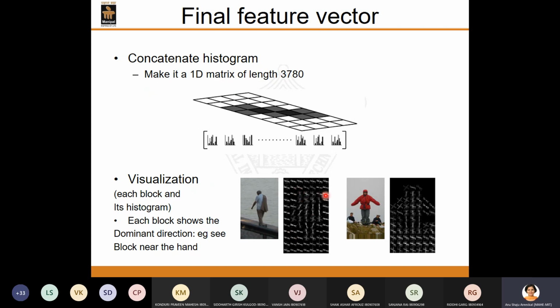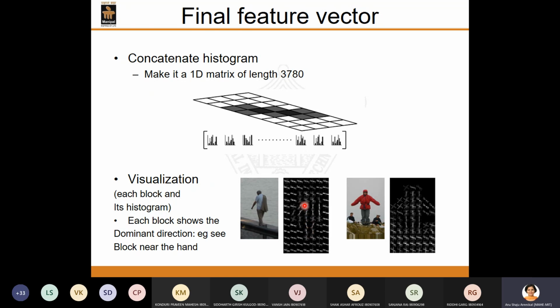If I calculate the HOG, you can easily identify that in these background regions where there is uniform intensity variation, the orientations present would also be somewhat uniform, right? And in these regions also you see that it is kind of uniform. But in the region where the person is present, you'll see that the orientation differs.